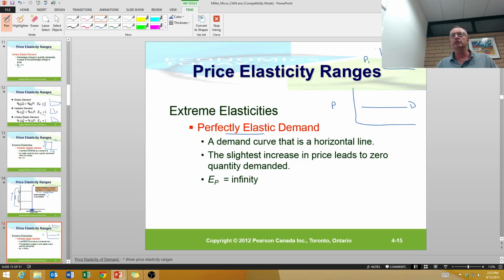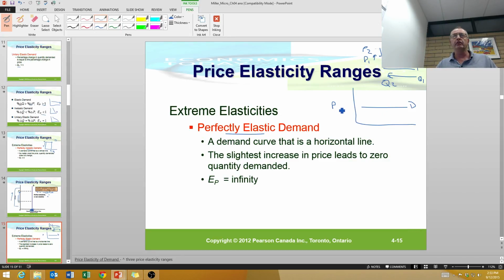So let's say here's P1 and there's Q1. And the price goes up to P2, and that means Q2 drops to 0. So it means the market will not tolerate any increase in price.